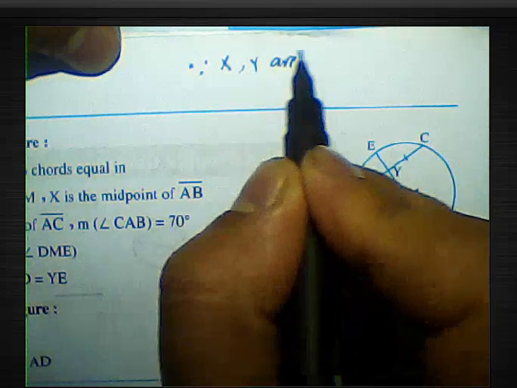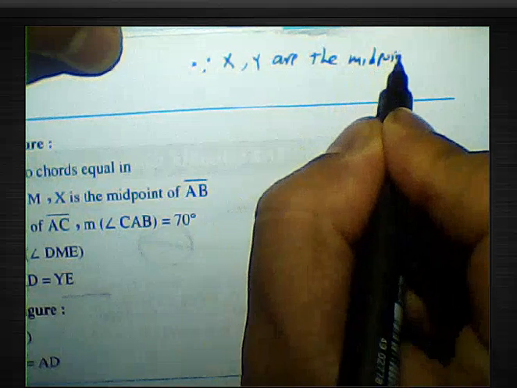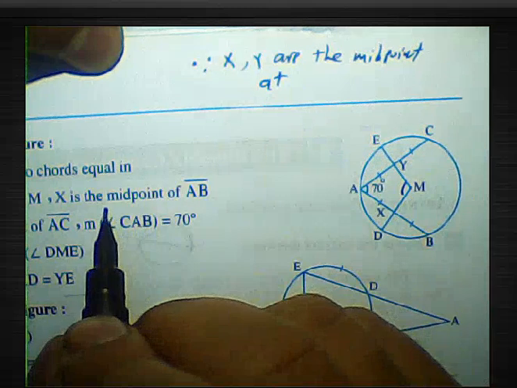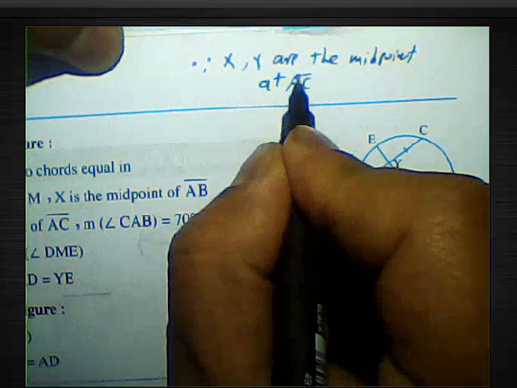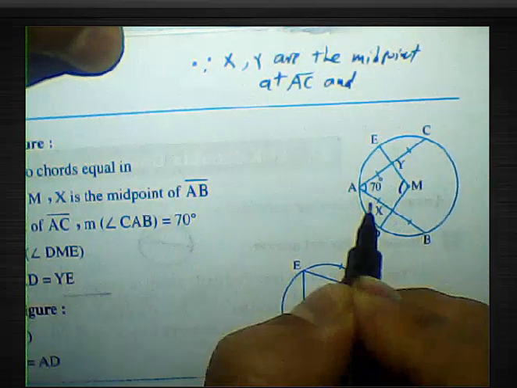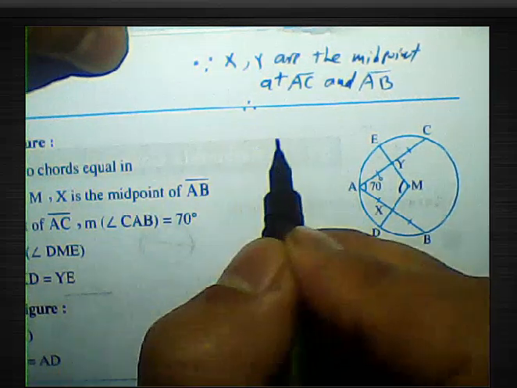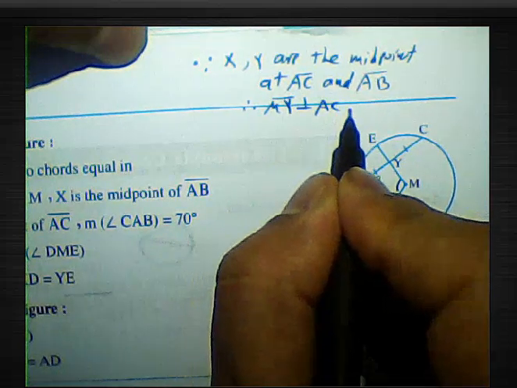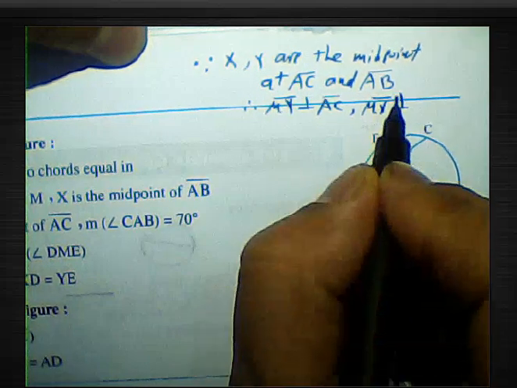X and Y are the midpoints of AC and AB. Then MY will be perpendicular to AC and MX will be perpendicular to AB.